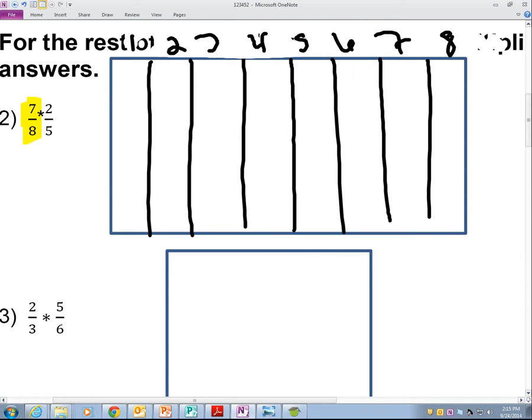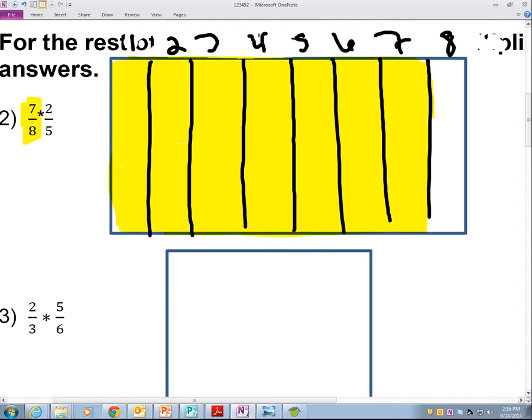You need to make sure you have 9 sections that you need only 8. So here's my 7. I'm going to fill up 7 eighths. Everybody fill up 7 eighths. We have 7 eighths.